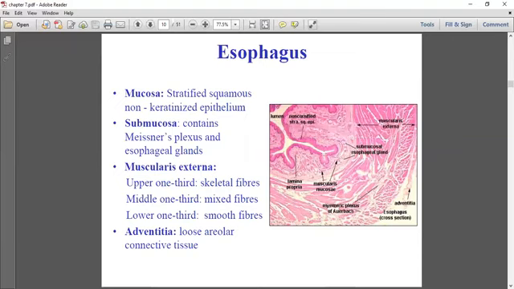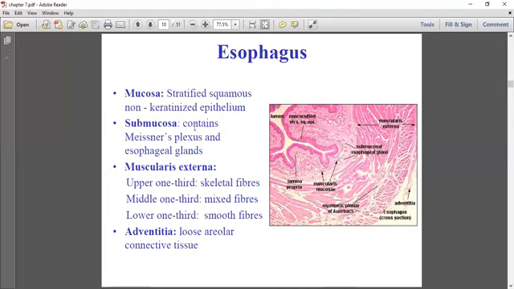Mucosa: epithelium, corium, lamina propria, muscularis mucosa, submucosa rich with glands, esophageal glands, muscularis, and outermost layer adventitia. Thus, mucosa, type of epithelium stratified squamous, non-keratinized.